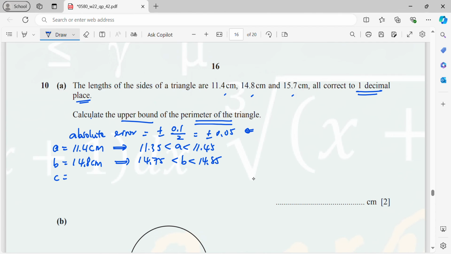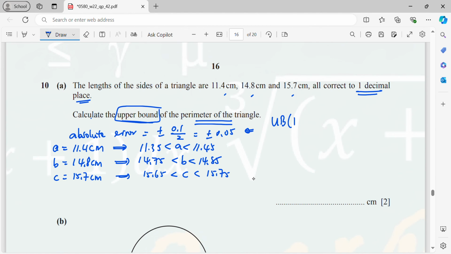The same goes for the C, 15.7. The interval will be between 15.65 and 15.75. Now, upper bound of the perimeter. We know that perimeter means just add up all three sides.